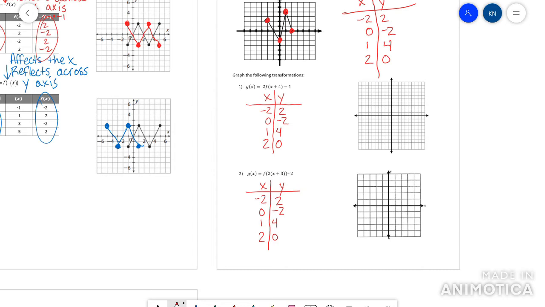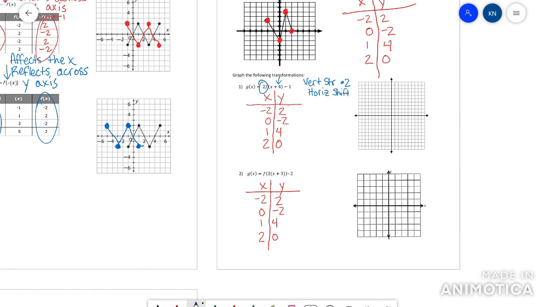So like this first transformation here, this 2, that is a vertical stretch times 2. Then I've got a +4 here. That is a horizontal shift.